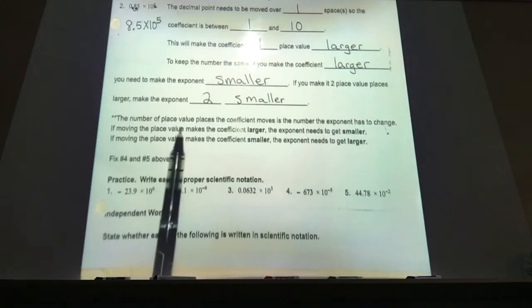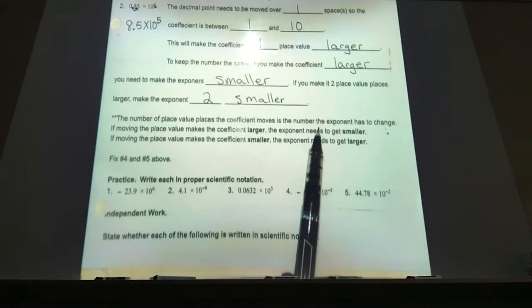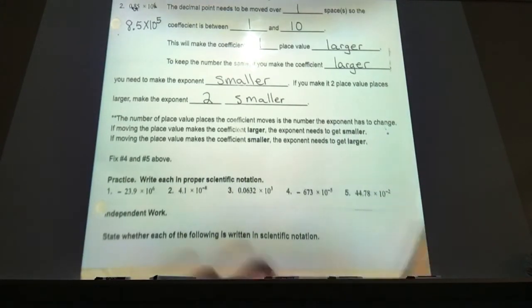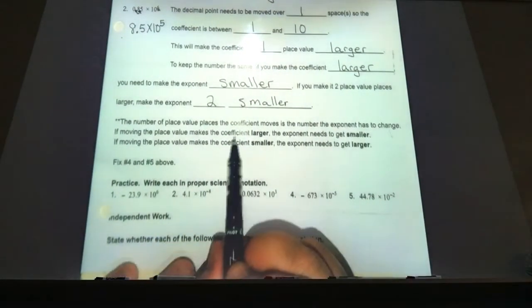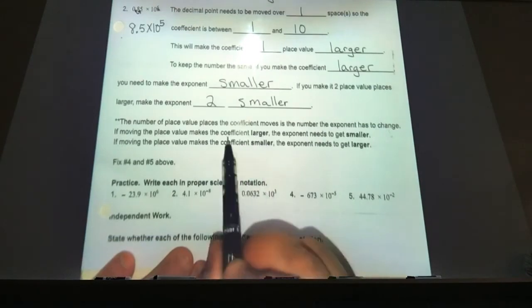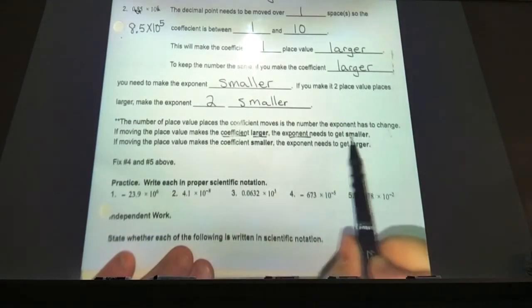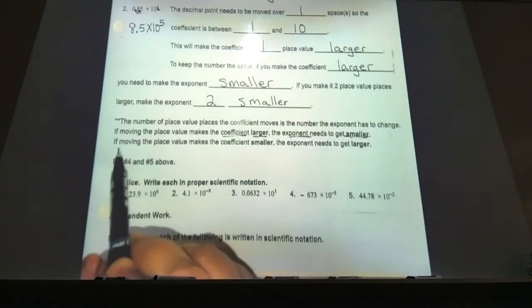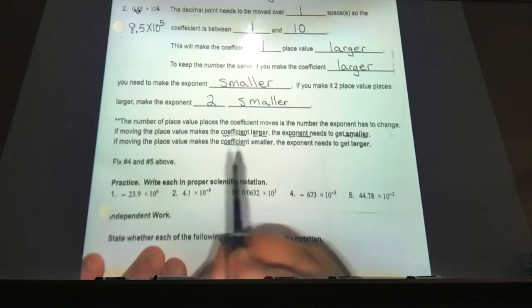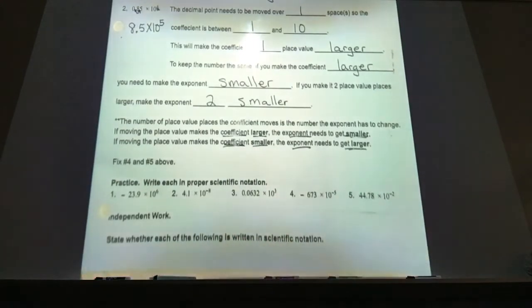The number of place values that the coefficient moves is the number the exponent has to change. If moving a place value makes the coefficient larger, then the exponent has to get smaller to keep it balanced. If moving the place value makes the coefficient smaller, then the exponent would get larger.